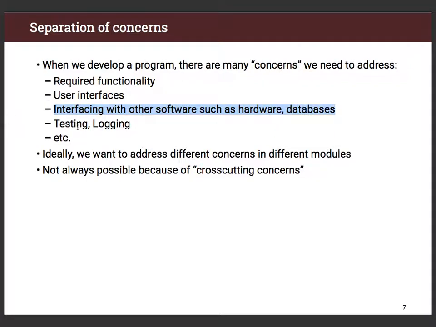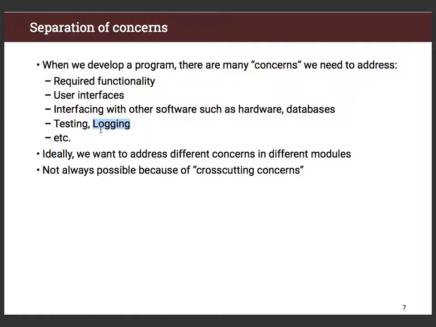Then there are things like testing. Can I test the software sufficiently? Can I log what's going on, so when something goes wrong, I can actually go back and see what the program did? We want to separate these concerns into separate modules, but that's not always possible because sometimes there are things called cross-cutting concerns. Logging is one such thing. It probably has to be everywhere.